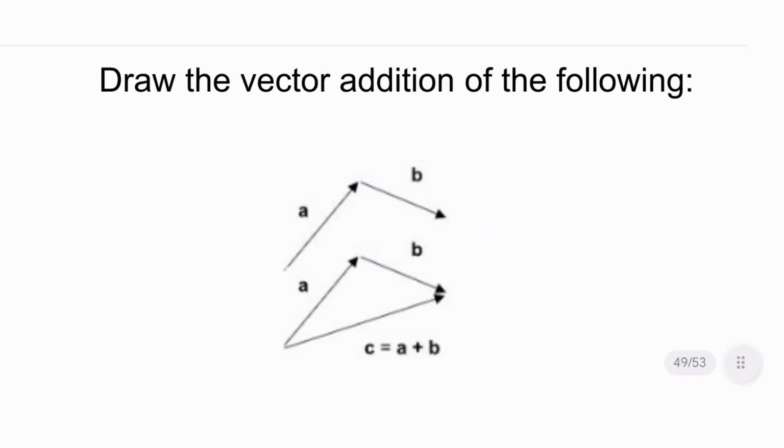I'll use the tip-to-tail concept. I'll make A, and from the tip of A I'll make the tail of B and combine them. Then I'll join from the tail of A to the tip, or the head, of B, and I'll take my resultant C, which is equal to A plus B. Okay, and this is my resultant vector.